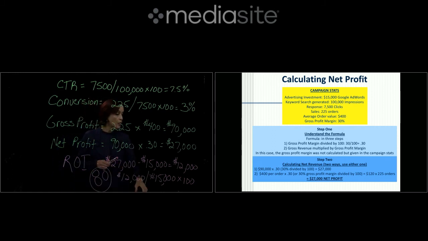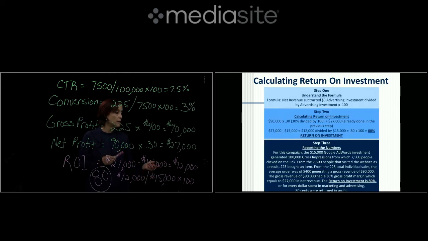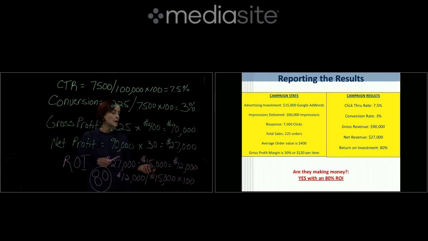So now, let's go and report these results. By the way, this is the slide for calculating return on investment. So now let's look at reporting the results. The campaign statistics and results are as follows. The advertising investment was $15,000 on keywords or AdWords.